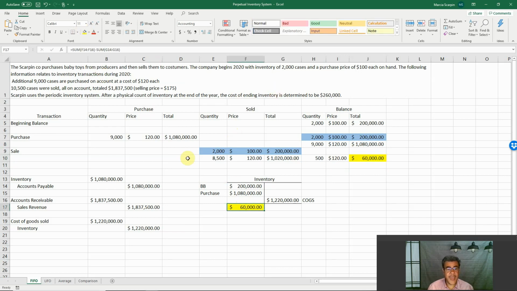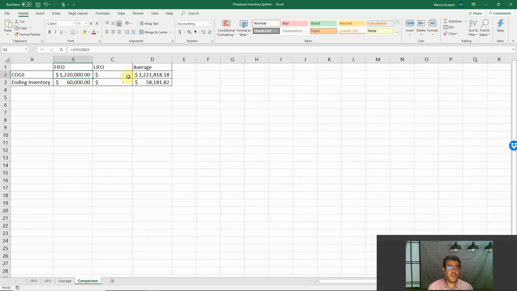So let's compare FIFO and average. And let's consider that we are working with rising prices. That is usually how the economy works. Cost of goods sold, FIFO is a little bit lower than average. So we have greater net income here, greater tax here.